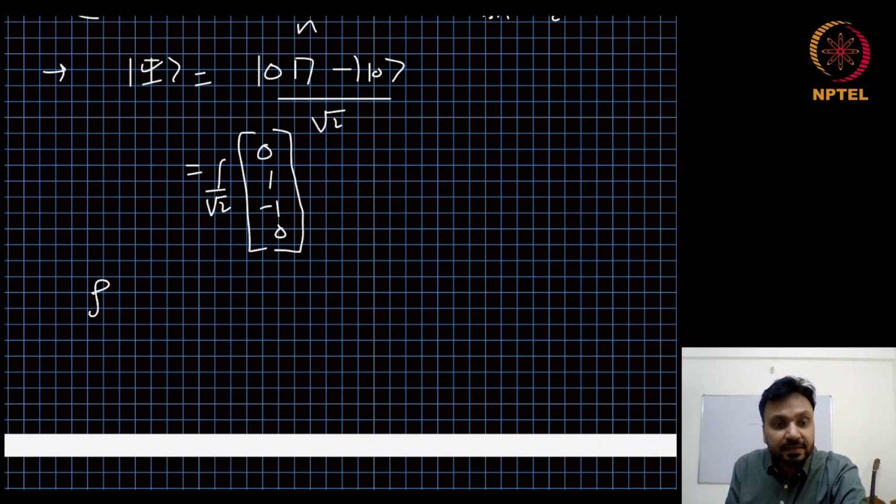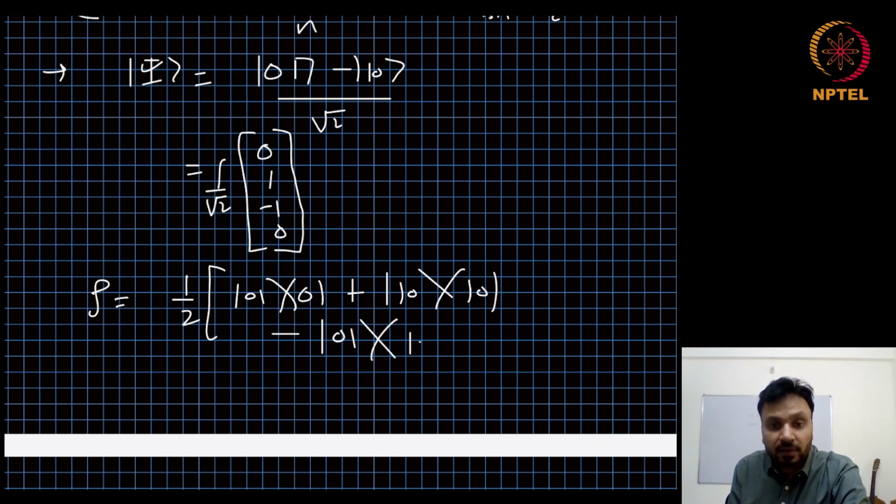So the density matrix corresponding to this will be 1 over 2 times (|01><01| plus |10><10| minus |01><10| minus |10><01|).